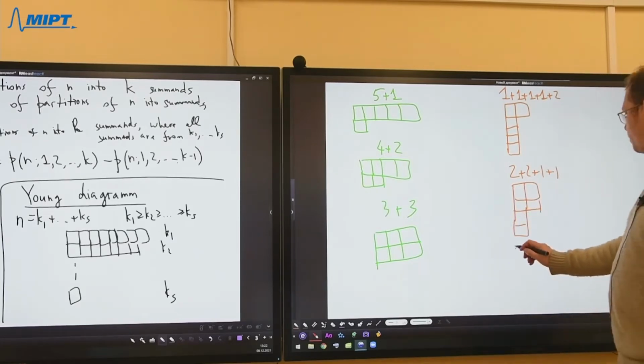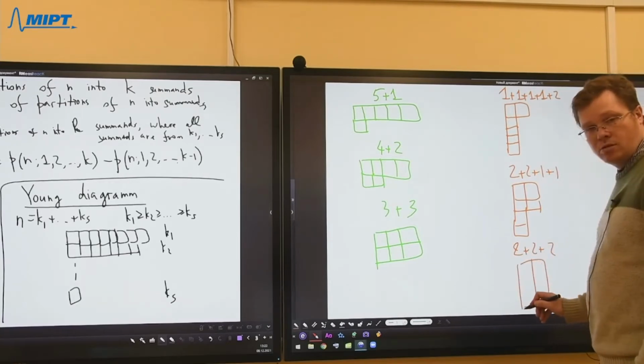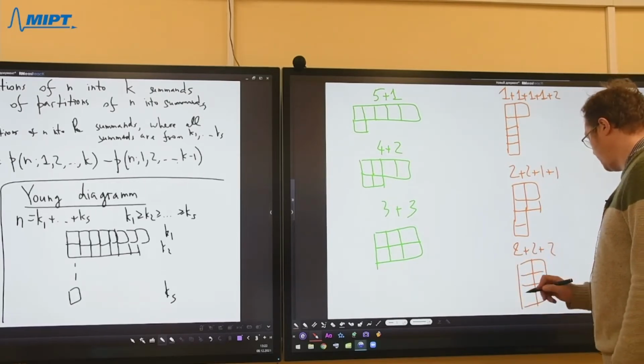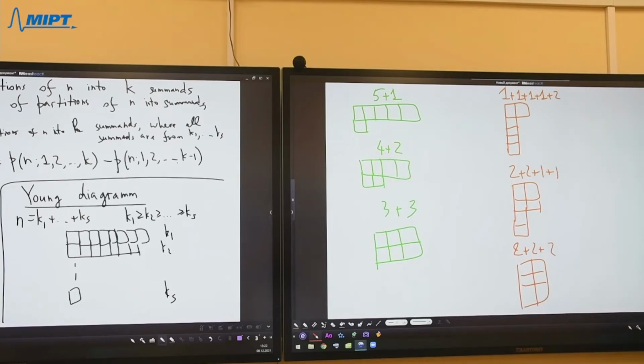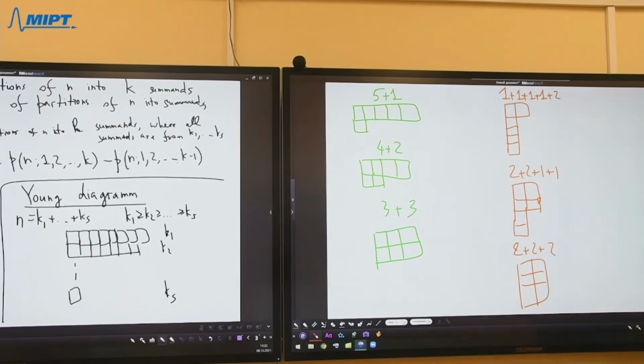And then we have 2 plus 2 plus 2, which is this Young diagram. Okay, so maybe now you will get the idea how we can get a one-to-one correspondence between the number of partitions of n into k summands and the number of partitions of n into summands with maximal summand equal to k.